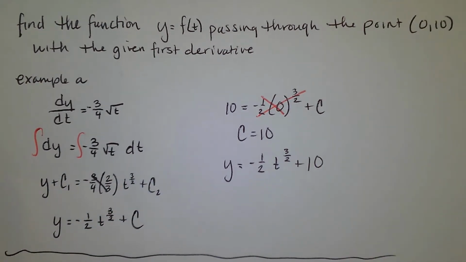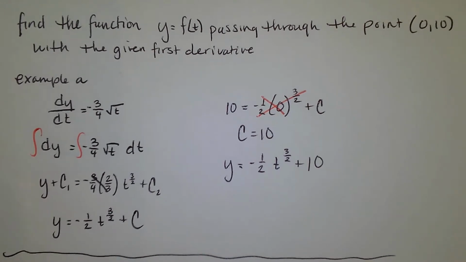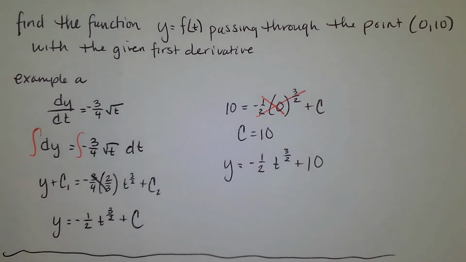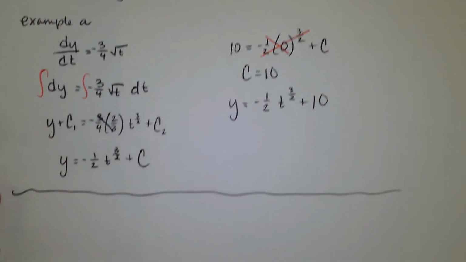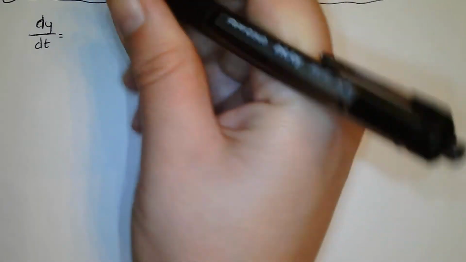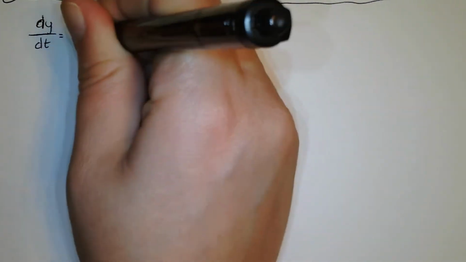I do have a second example. It's a little bit more challenging, but of course we can figure it out. It's no big deal. All right, so let's just slide this up. And we're still going to have that initial value of (0, 10). dy/dt is equal to 3/4 y.